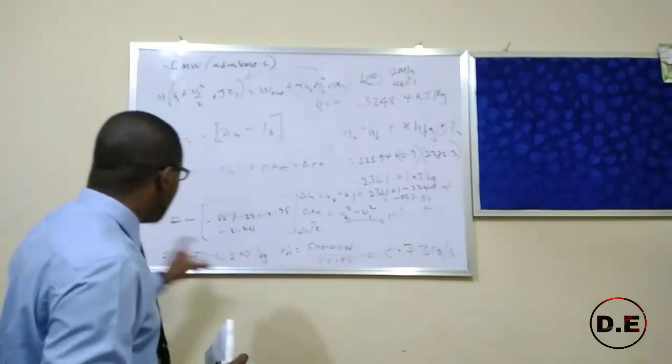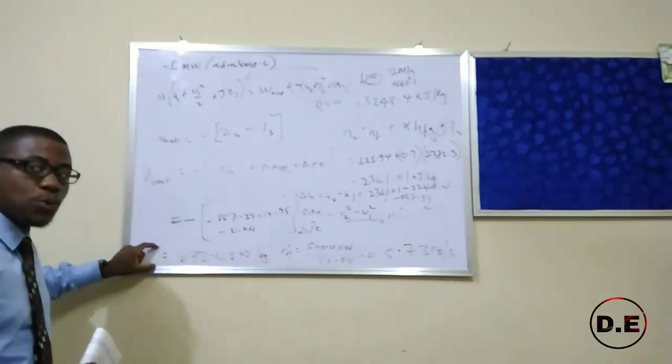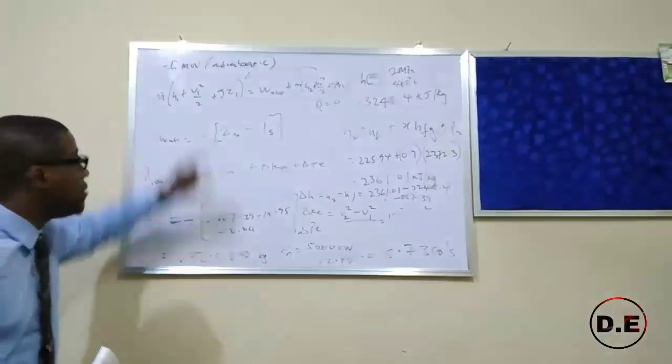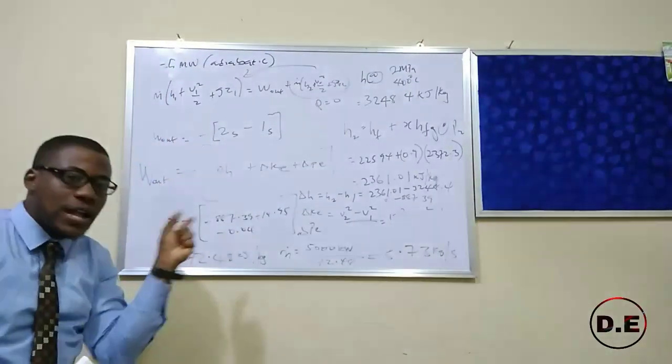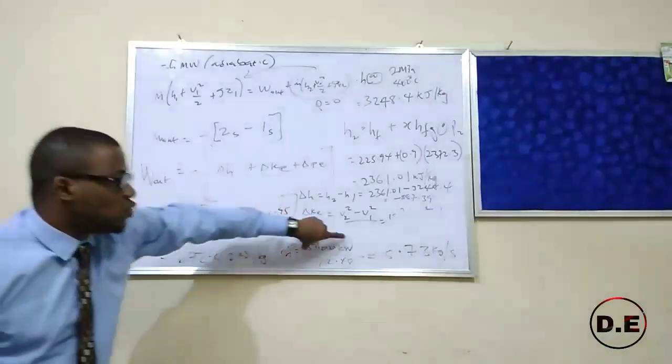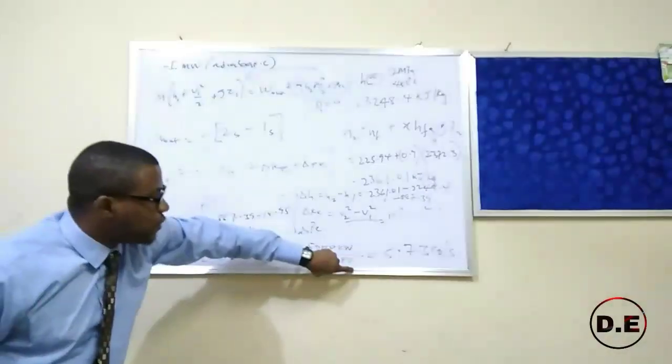Recall again that this is the specific work per unit mass, while this is the total work for all the mass. So if I want to get the value of the mass, I divide the total work for all the mass by the specific work.